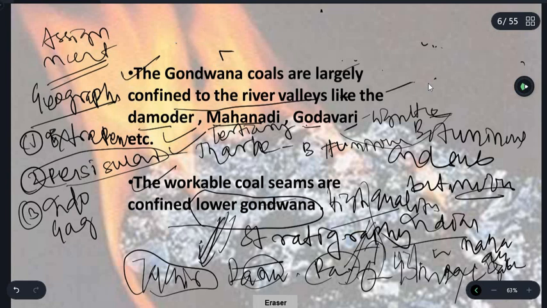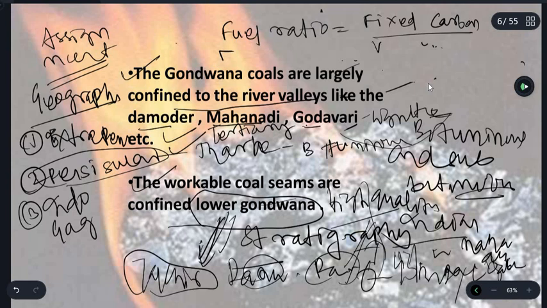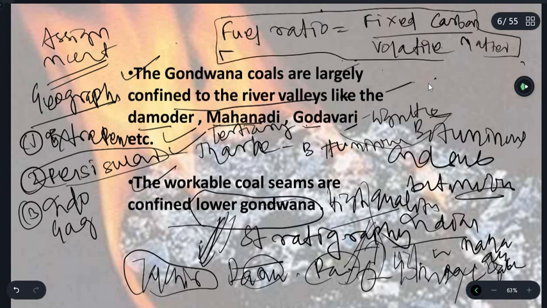Fuel ratio is the ratio of fixed carbon divided by volatile matter. This is really important.